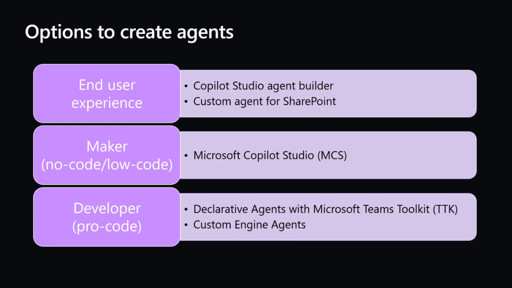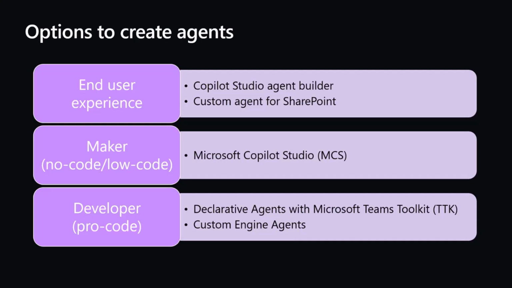If we wear the hat of a maker, so no-code, low-code solutions, we can rely on Microsoft Copilot Studio, and we can create from there agents which can be used to extend, again, the Microsoft 365 Copilot experience in the Copilot chat, or we can even provide bot-like agents which will be available to extend the experience in Microsoft Teams.